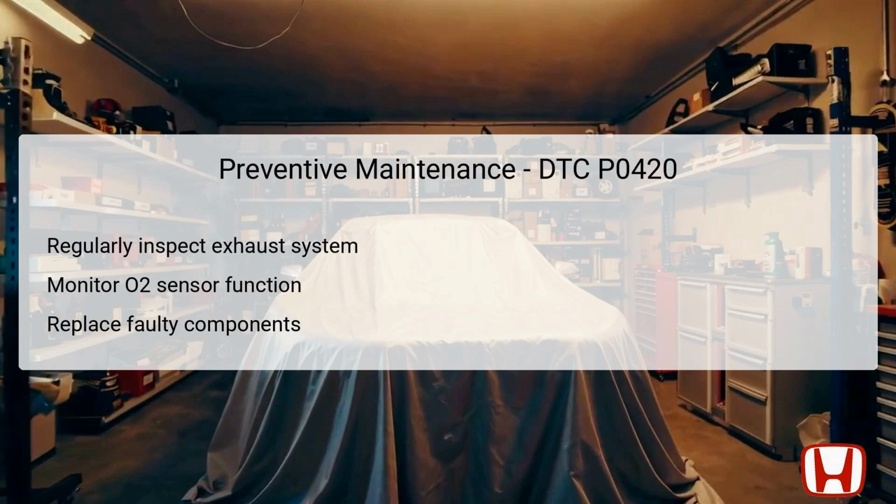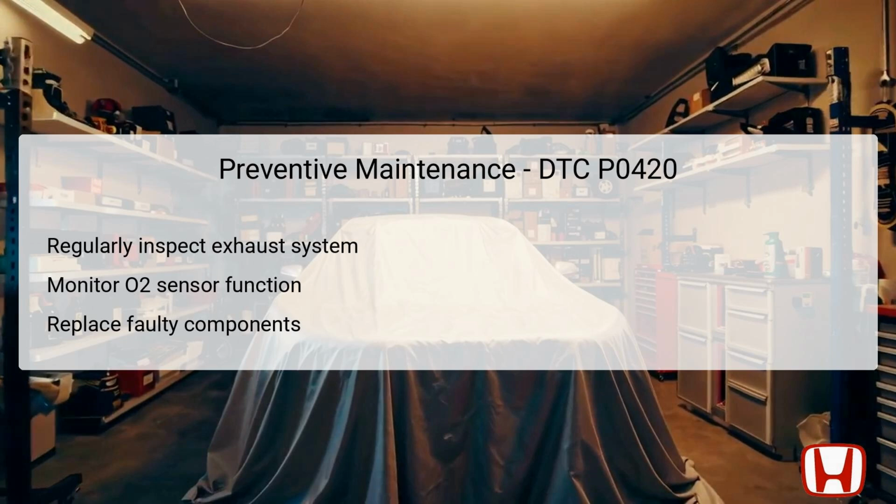To prevent the occurrence of DTC P0420 in the future, implementing a robust preventive maintenance schedule is vital. Regular inspections of the exhaust system should be conducted to identify any signs of wear, rust, or damage that could compromise performance.